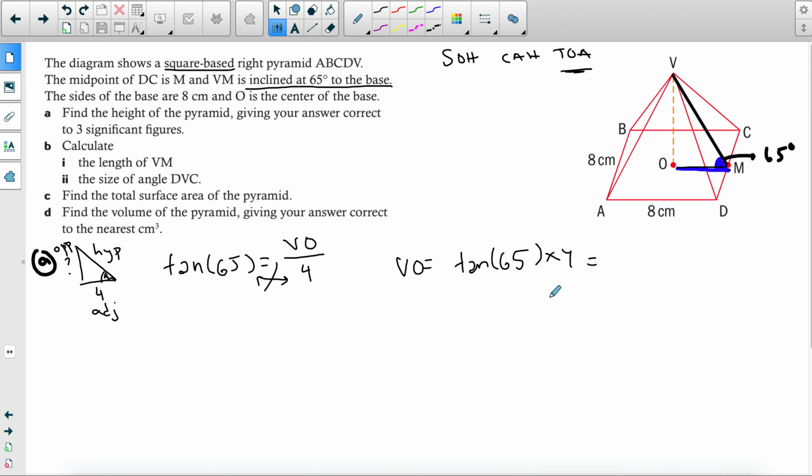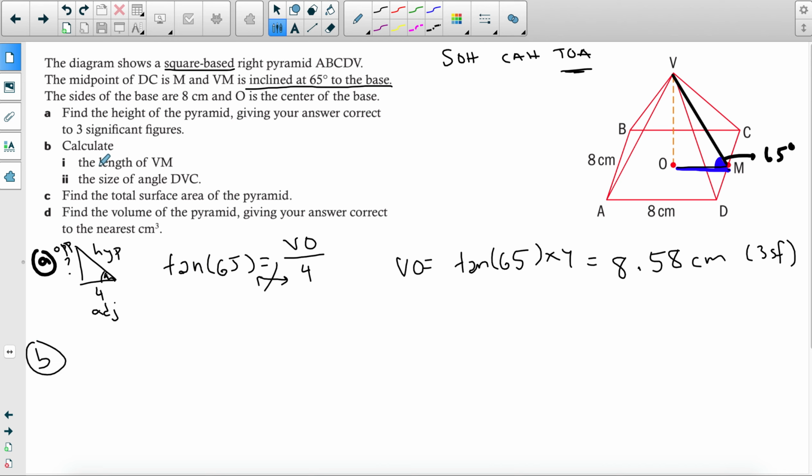Make sure your calculators are on degrees, and this should give you 8.58 centimeters, to 3 significant figures. So that's the height, and that will be useful. You'll notice that they tend not to pick just random numbers. You'll be using this quite frequently.